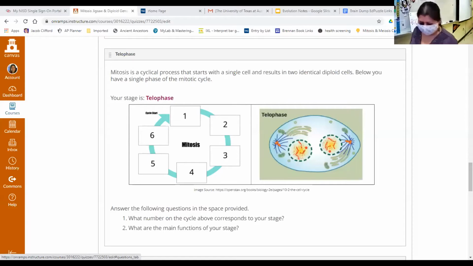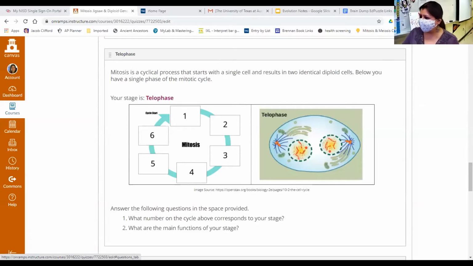Let me just pull it up. I just want the picture. Okay, here we go. Prophase. Okay, goodness. All right, so Telophase. Hopefully all of y'all can see that.